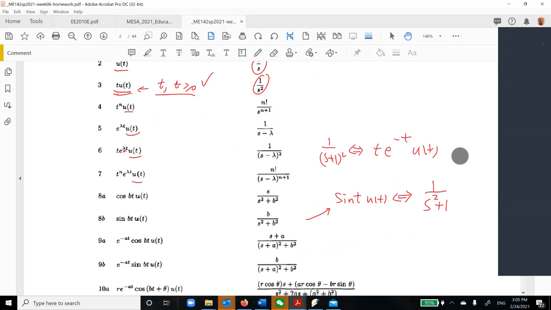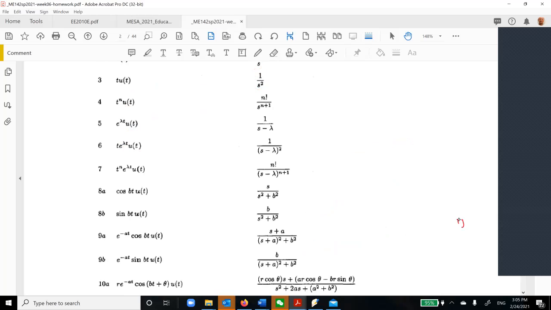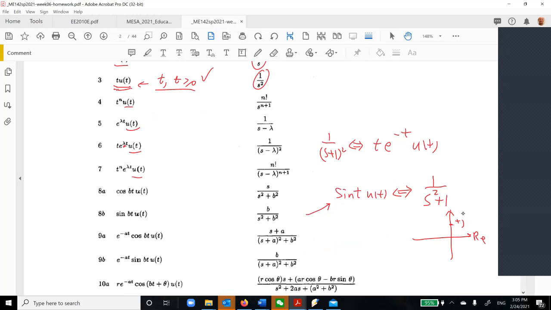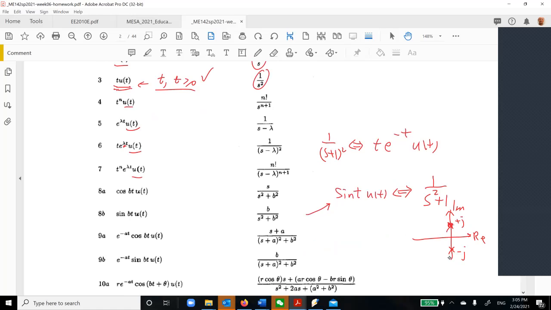This also gives you a pretty good idea: you have two poles, one at plus j and one at minus j, with the real part and the imaginary part shown. This is called a complex conjugate pole pair with multiplicity 1 on the imaginary axis.